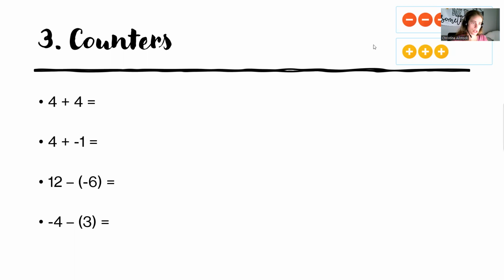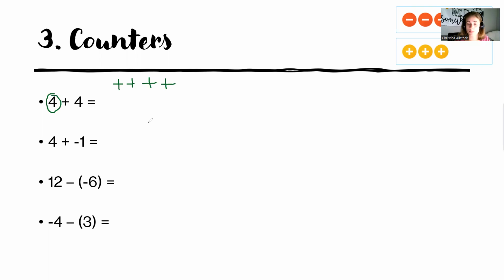So if we have a counter, we're going to use plus and minus signs to help us count it out. The first one here may be a little easy, but that's okay. It's good to start with one like that. So we have 4 plus 4. Well, that just tells us that we have 1, 2, 3, 4 positive numbers.